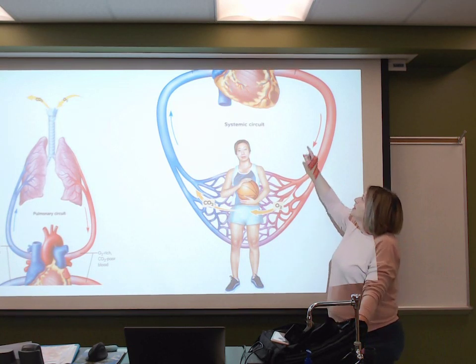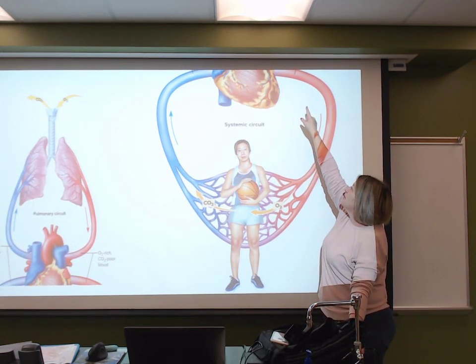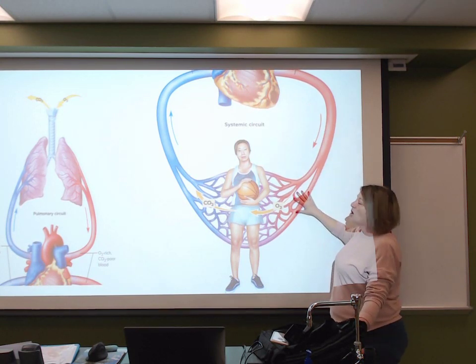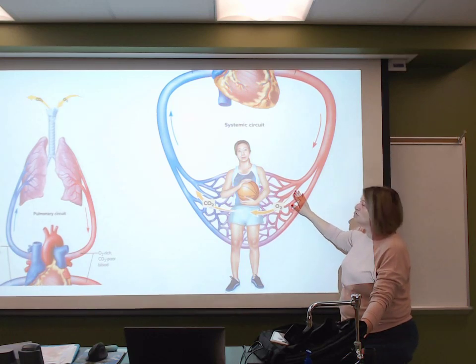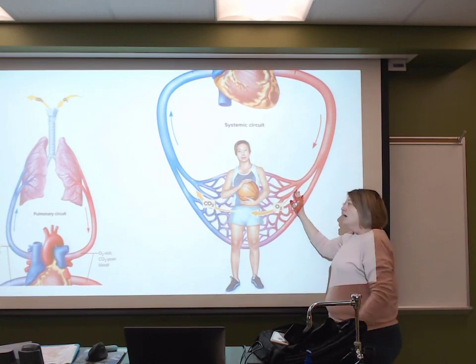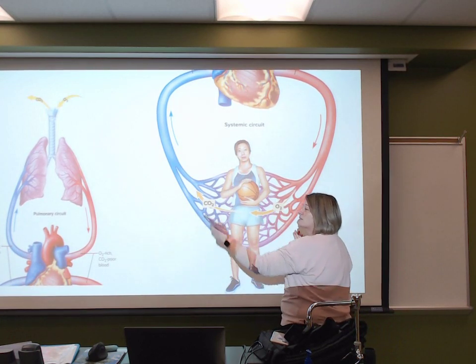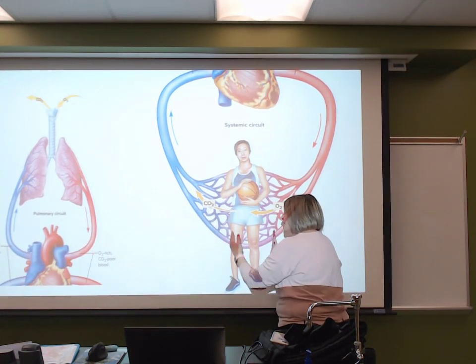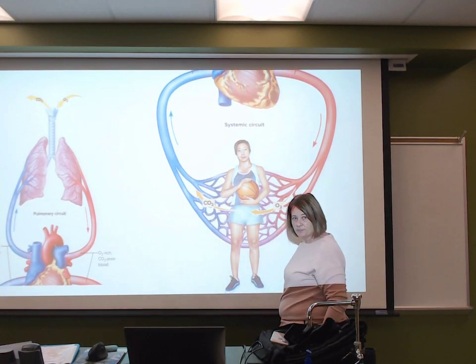Anyway, the aorta that would be leaving the left side of the heart, serving all systems, all tissues, all cells of the body. This systemic circuit meets the pulmonary circuit at a capillary bed.